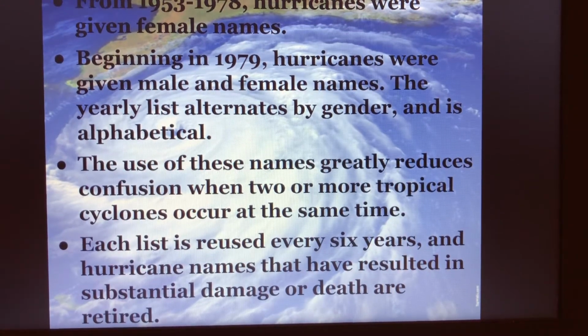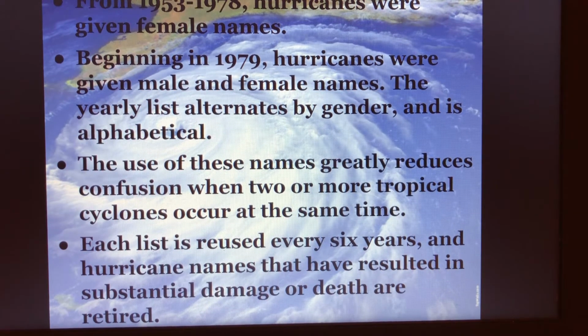So from 1953 to 1978, hurricanes were only given female names. Beginning in 1979, the National Hurricane Center decided that it would be a good idea to make it both male and female names. So every year, there is a yearly list. It alternates by gender, and it's alphabetical.